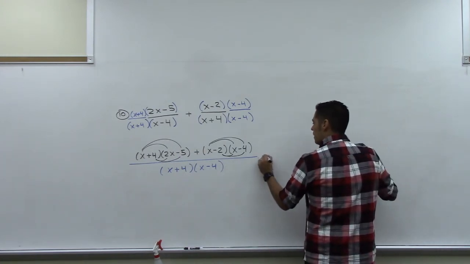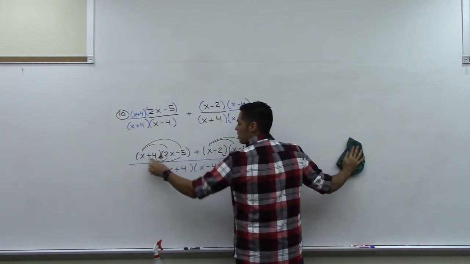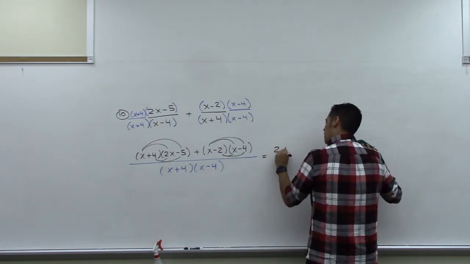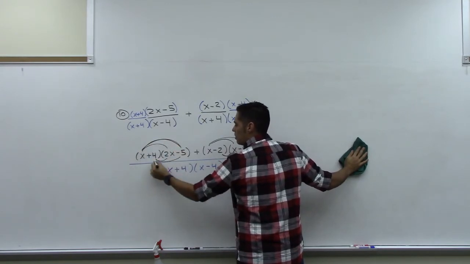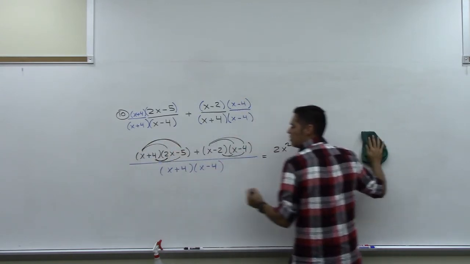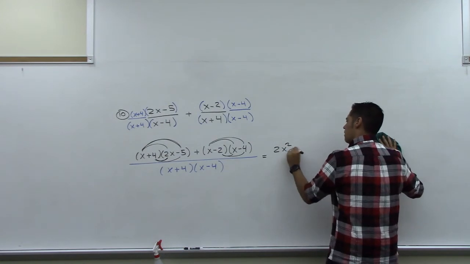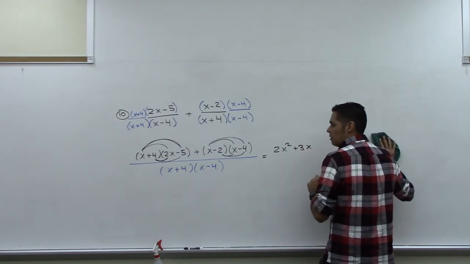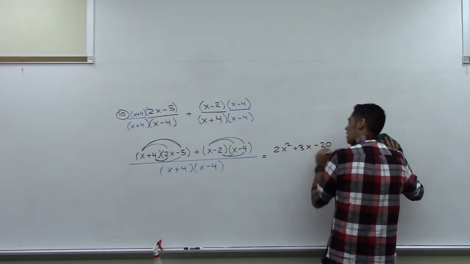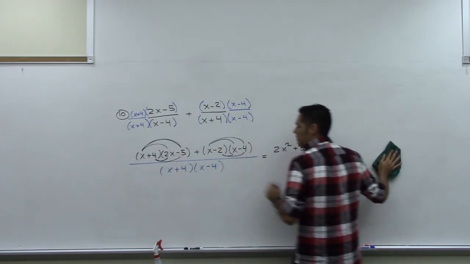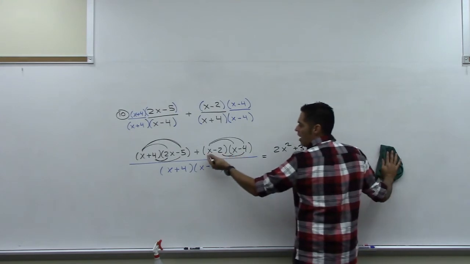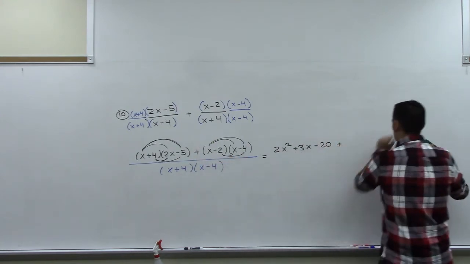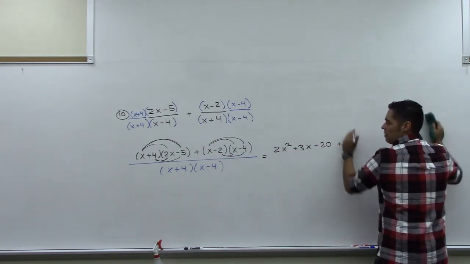So this will be, let's see, x times 2x is 2x squared. And then we have minus 5x plus 8x. That's going to give us 3x. Kind of going a little faster there. And then minus 20 is what we get when we do 4 times negative 5. Then I have plus. Now for this, I don't need to put this answer in parentheses by itself because this is a plus.